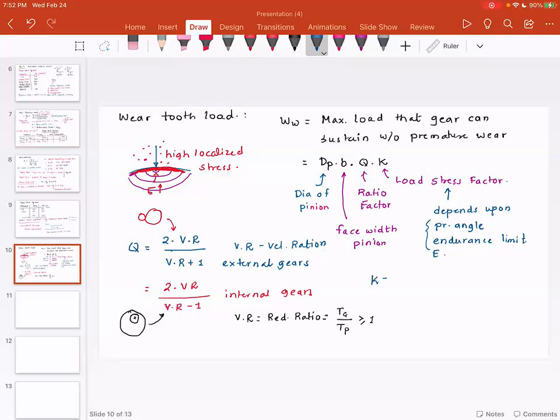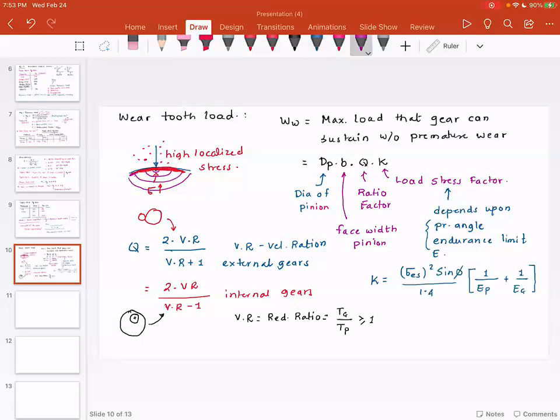This value K is given as sigma ES squared, sine of phi, where phi is the pressure angle, divided by 1.4, and then you have the Young's modulus for the pinion plus Young's modulus for the gear.